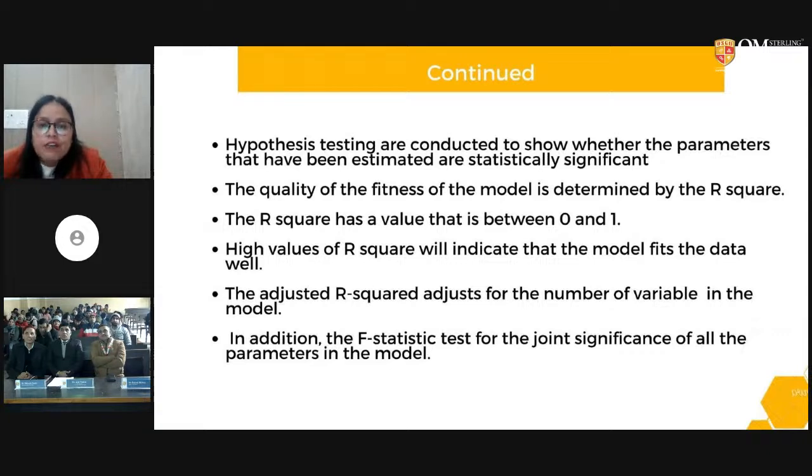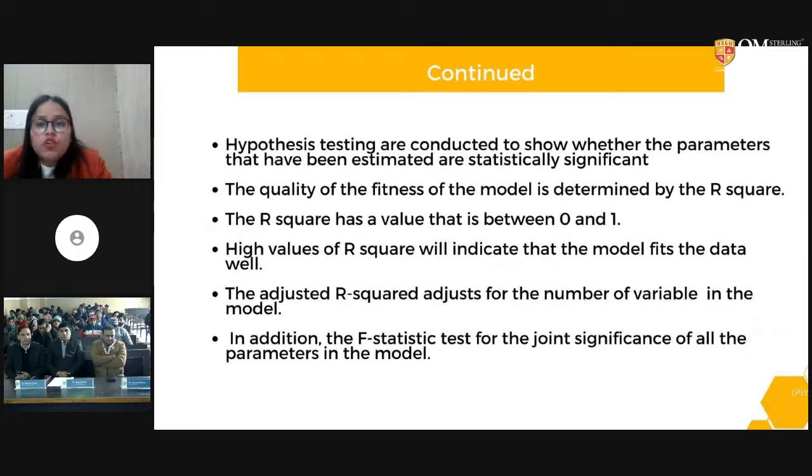And next we have the R square value. R square is basically the coefficient of determination, where we can say what the quality of the model is, whether your model is fit or not. R square is generally seen when you only have one independent variable in your equation.